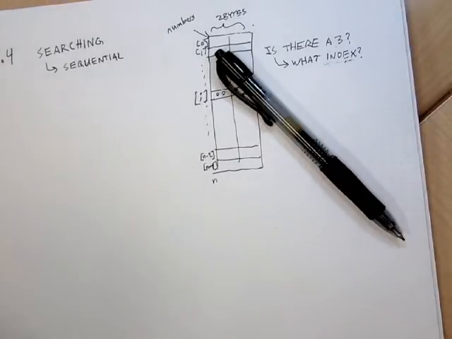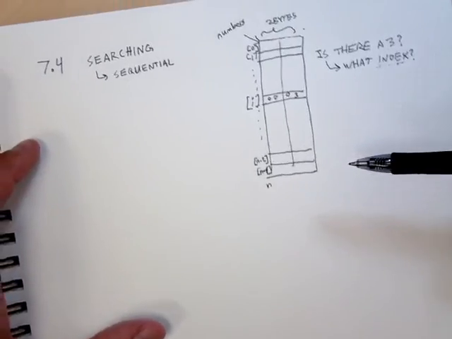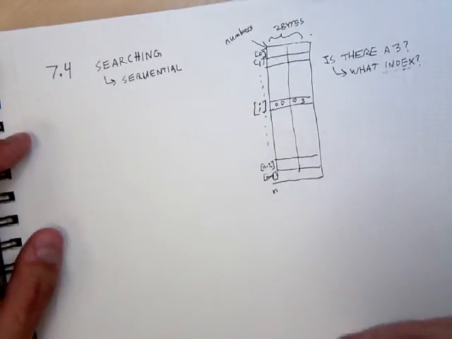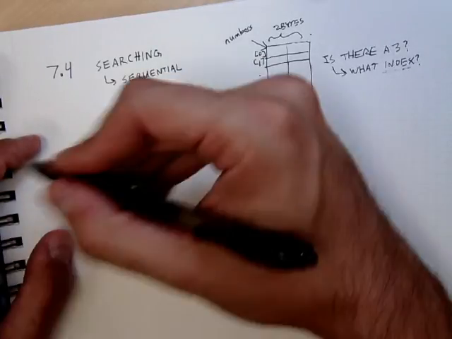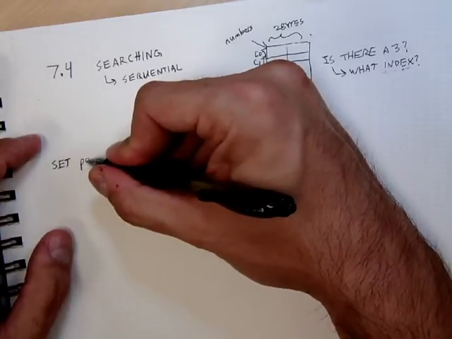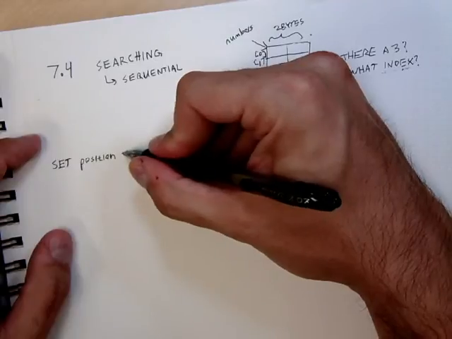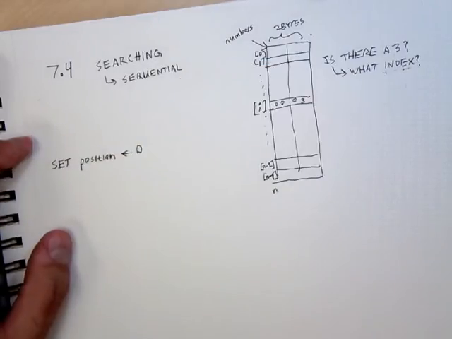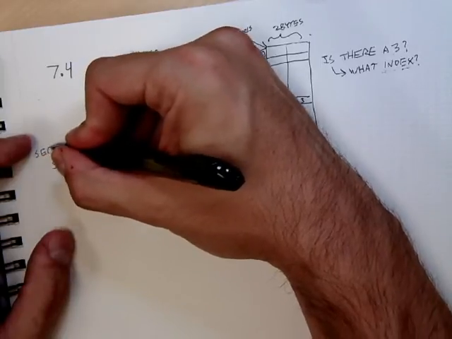So let's think about how we would do this in pseudocode. We're doing a counting-based loop here, so we know the pattern. They use the word position in your book, so I'll follow along, even though I like the word index better. So we're going to set position to be a 0. By the way, this is the sequential search algorithm.